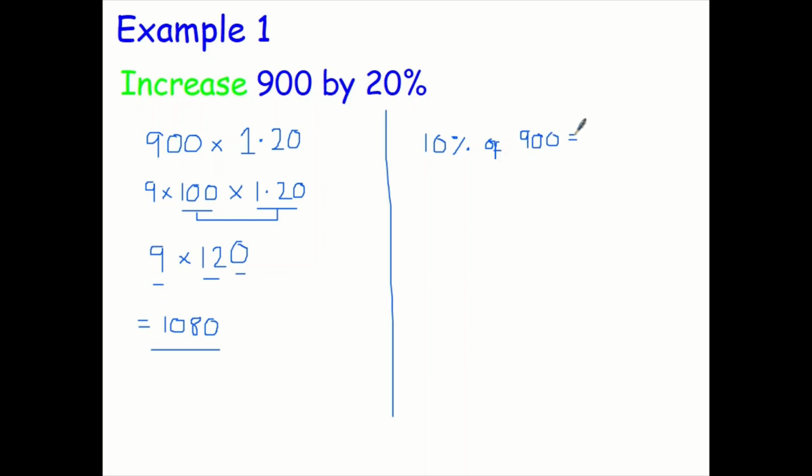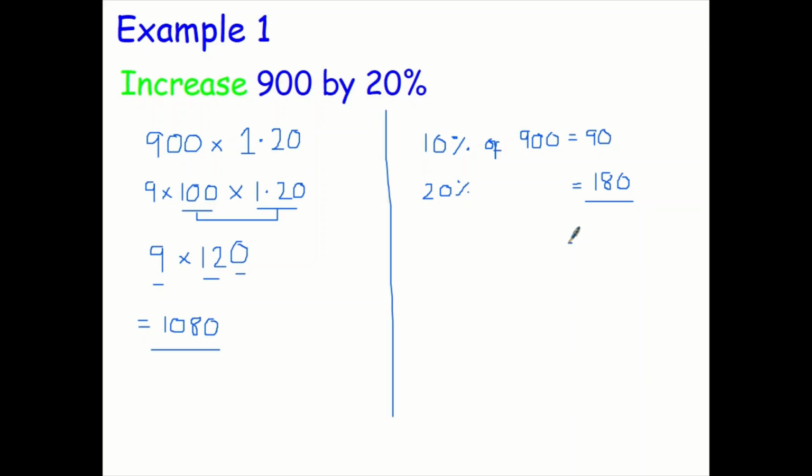So you can do this calculation, 10% of 900 is 90, and you can therefore multiply it by 2 to get 20%. So 20% of 900 multiplied by 2 is 180. And that's 20%, but I want an increase. So increasing 900 by 20%.